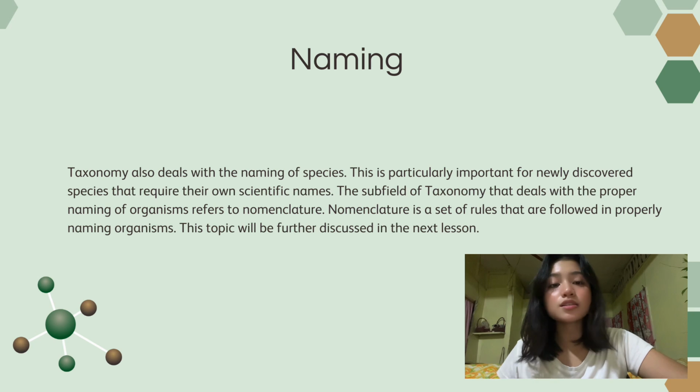So, taxonomy is not just about identifying and classifying organisms. It also deals with naming them. This is very important, especially for newly discovered species, because each organism needs a unique and standardized name to avoid confusion. So, unsa day ang nomenclature?